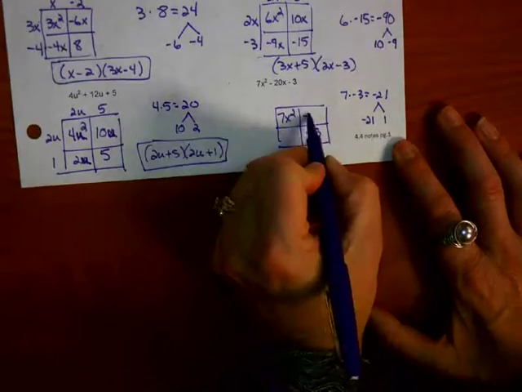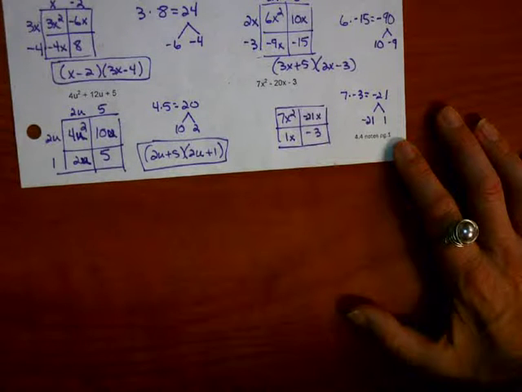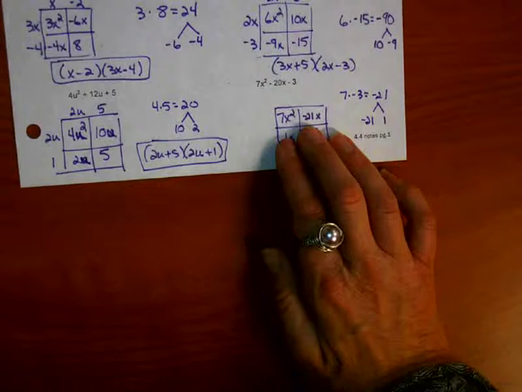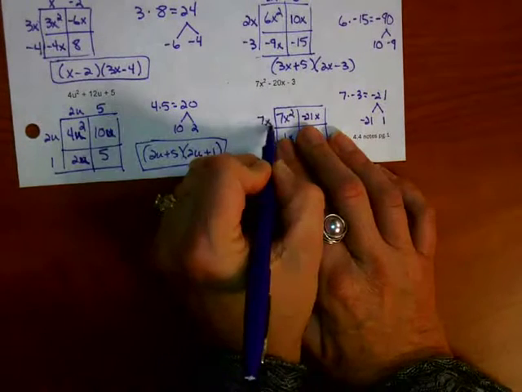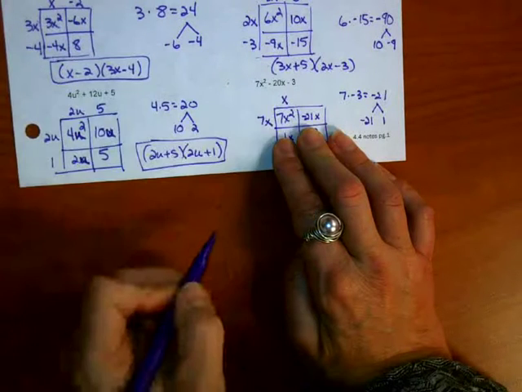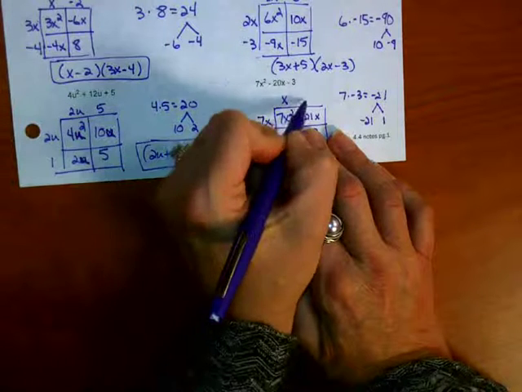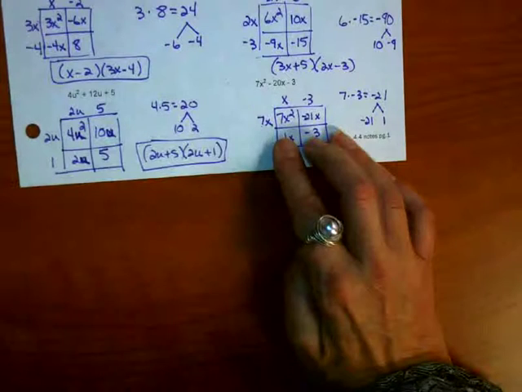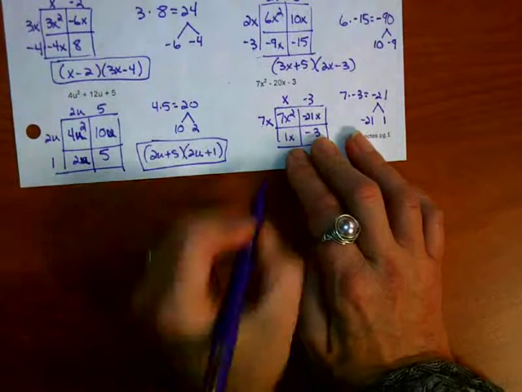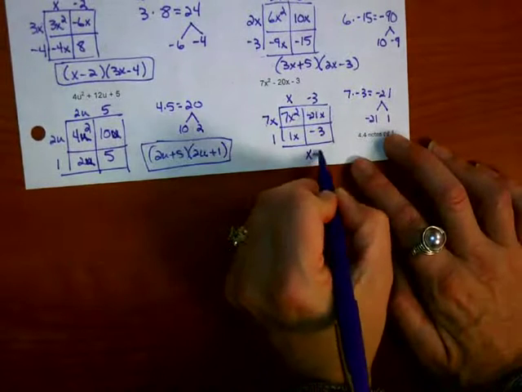Okay, then those are your middle terms. So you put negative 21x and 1x, and that's fine. And then it's 7x. You pull out a 7x from both of these. This would just be x. 7 times negative 3 gives me negative 21. This is just 1. So your factors are x minus 3.